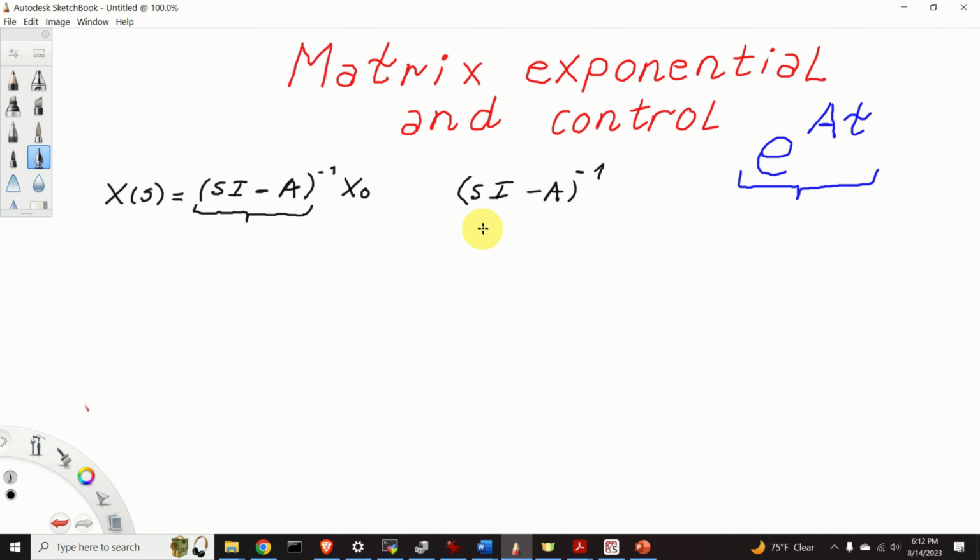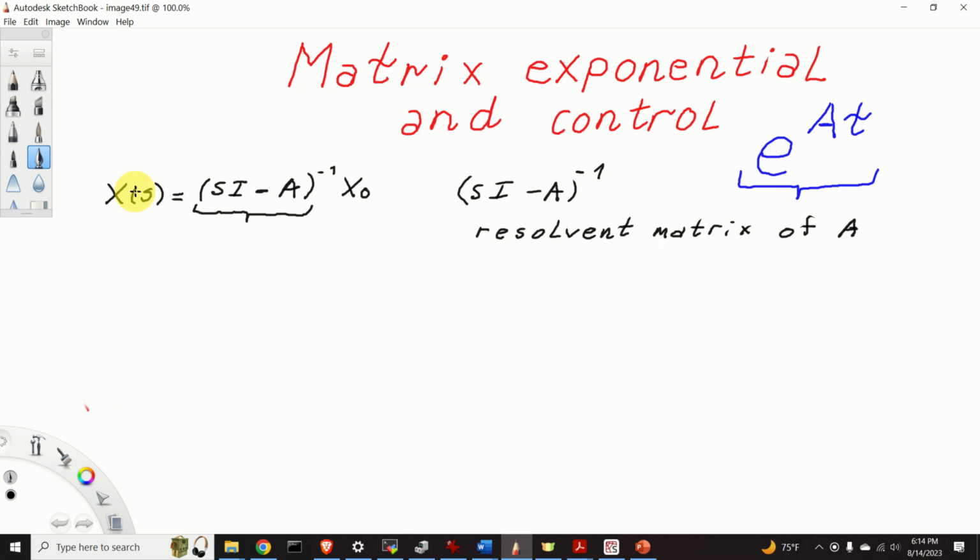This matrix is called resolvent matrix of A. To repeat, the matrix s times I minus A, inverted, is called the resolvent matrix of matrix A.